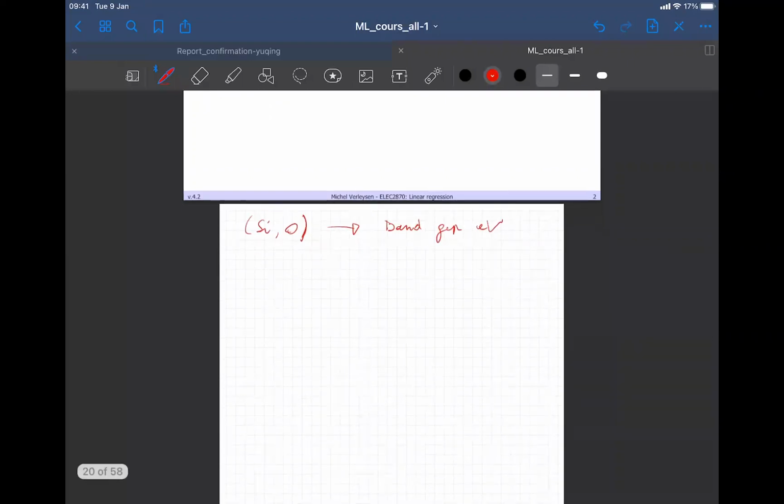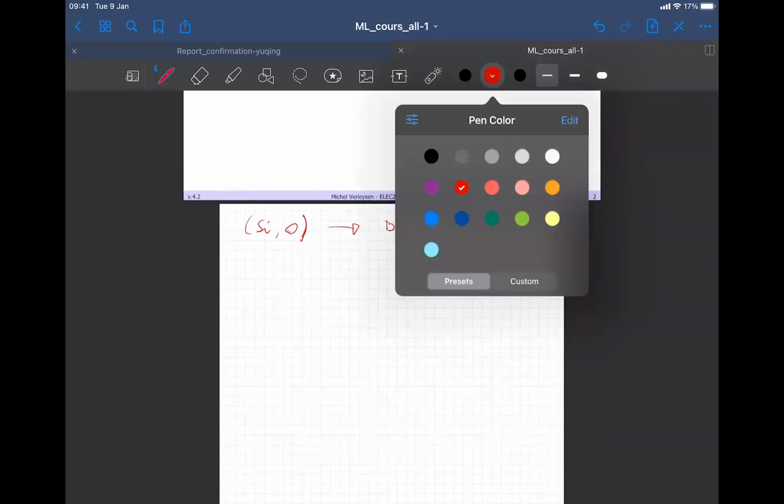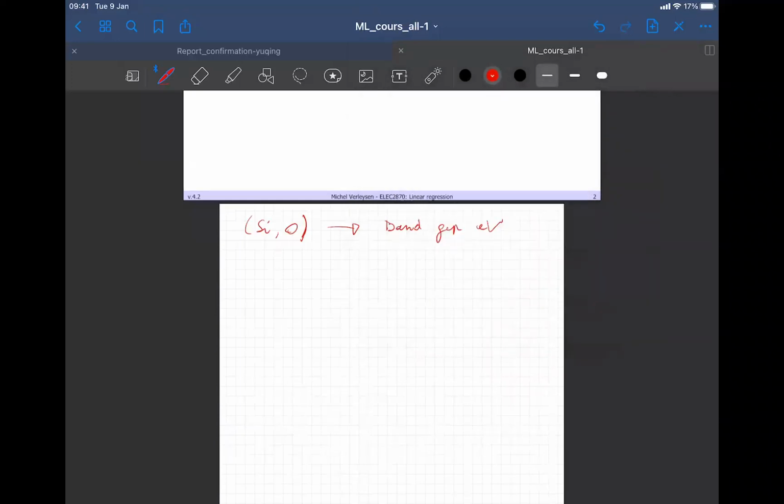First, this problem can be translated mathematically into something we will call the descriptor. This is X. And the property is often called Y or T. I will use T today, I think.